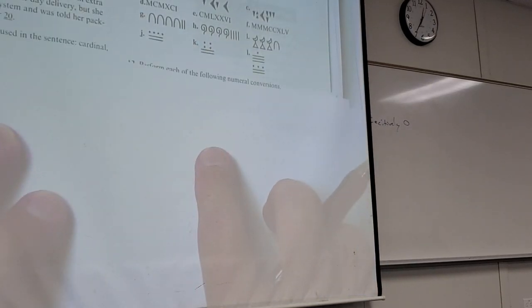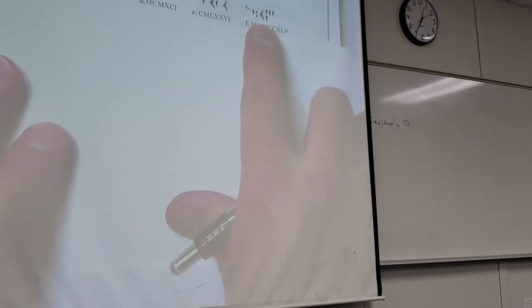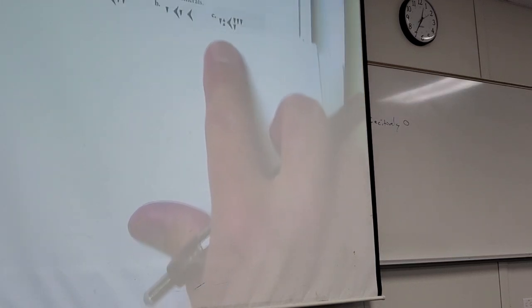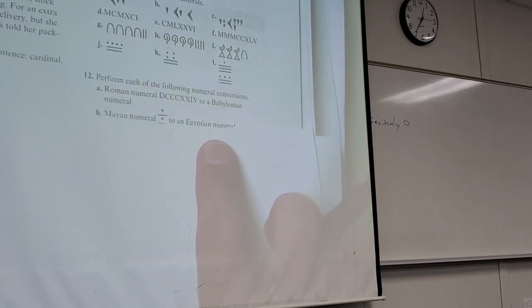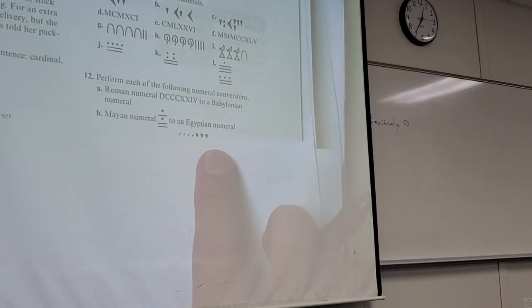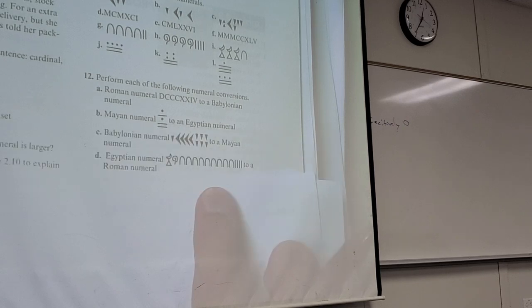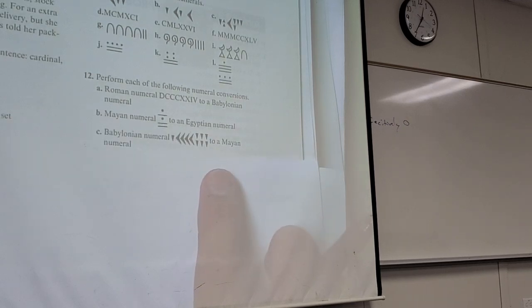So this one, wait a minute, part C, that's not Mayan. Oh, no, I said 12B is numeral to Mayan, and then C is Babylonian. That's what I was struggling with yesterday, with 12 and 11. Why is 12 more difficult? Because you have to do 2 problems in one, basically.